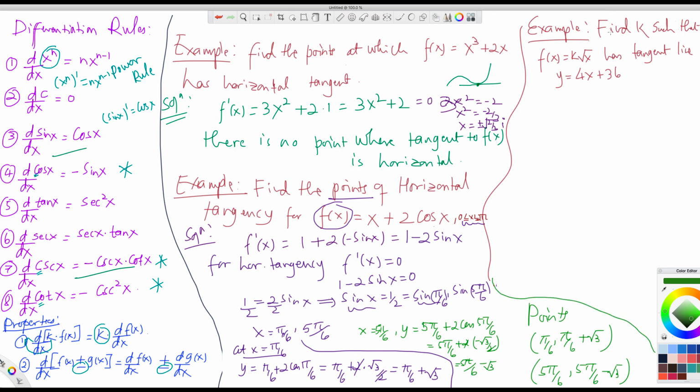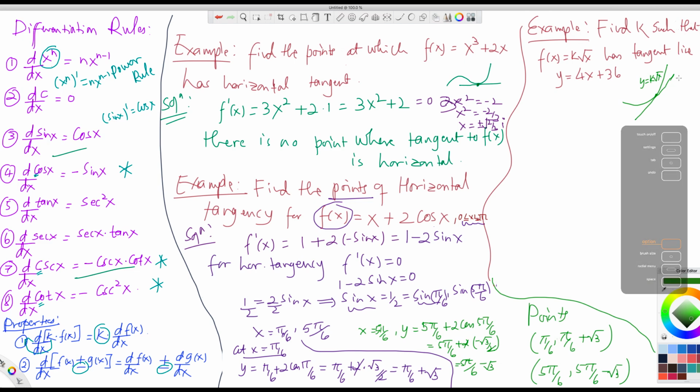Okay, so the next example is: find the value of k such that f(x) equals k root x has tangent line y equals 4x plus 36. The curve y equals k root x is given, and there is a point somewhere where this line is tangent. The tangent line has equation y equals 4x plus 36.